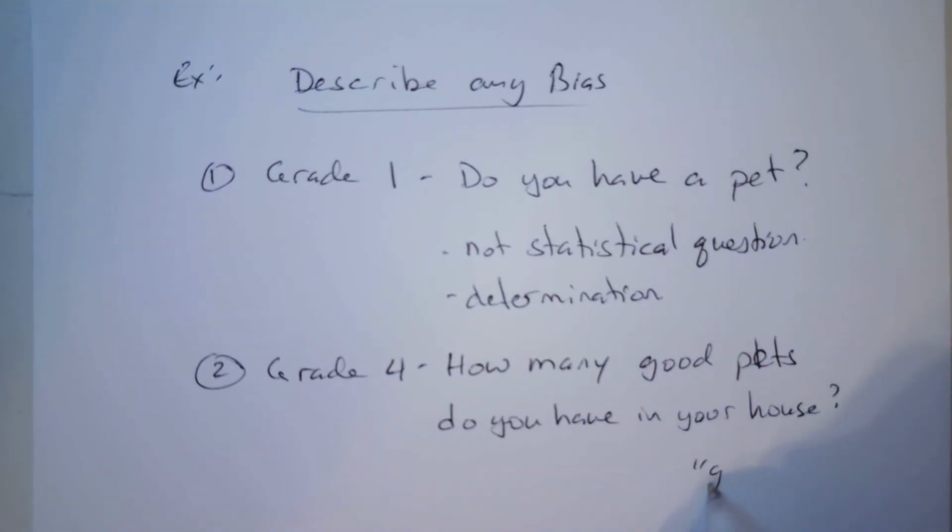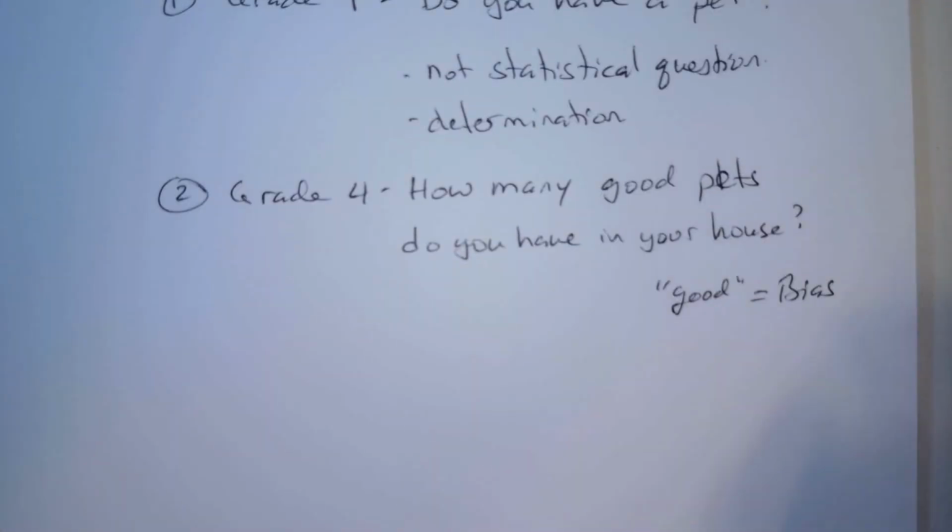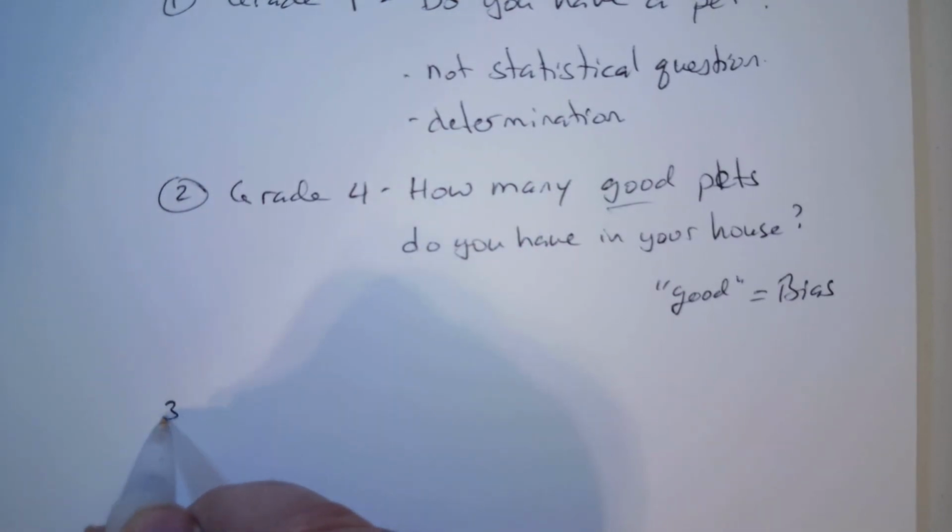The word good is biased. How many good pets do you have in your house? Well, they have to all be good because you have them at your house. You wouldn't keep dangerous animals in your house, especially at fourth grade level.